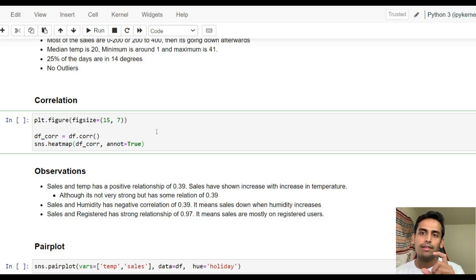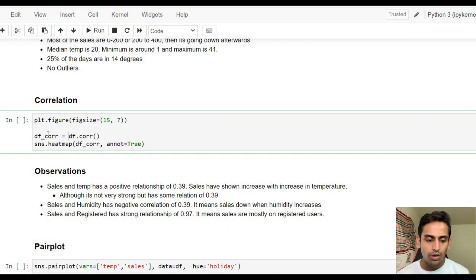Can the data tell me that when the temperature is increasing, my sales are also increasing, or if the humidity is increasing, my sales are decreasing? Do we have this kind of relationship? And correlation, or the heat map, is one of the features in the Seaborn package which can unlock this kind of answers.